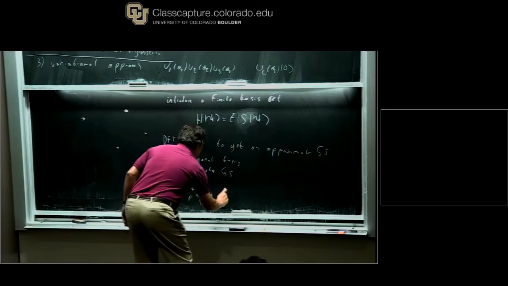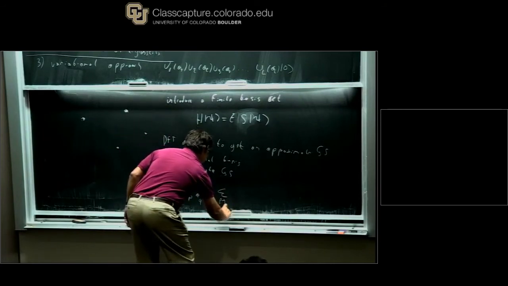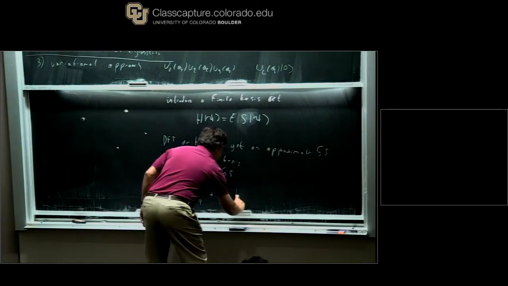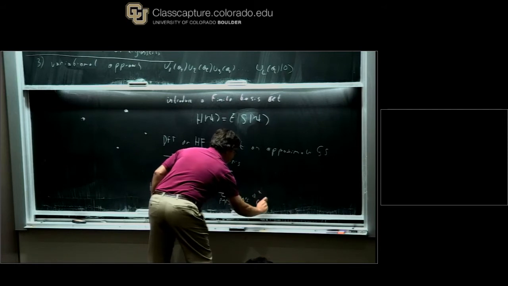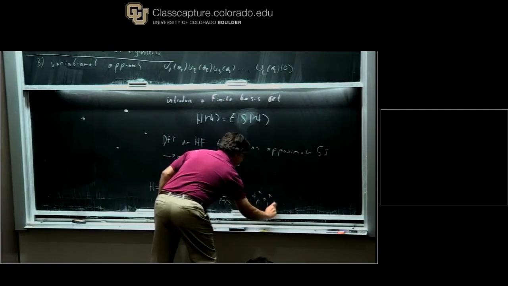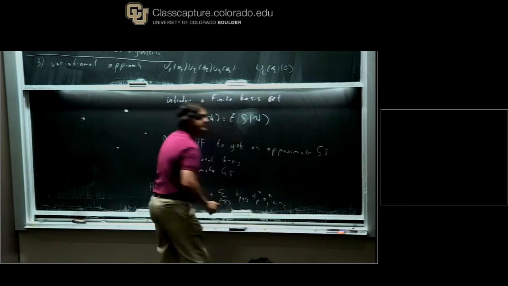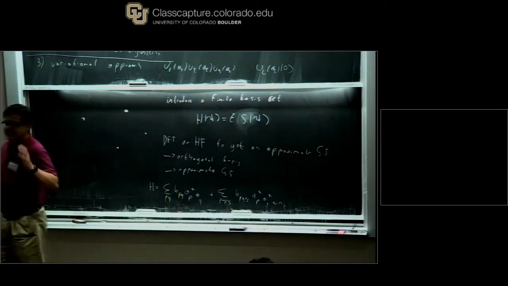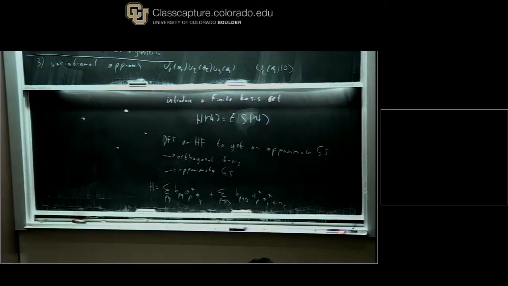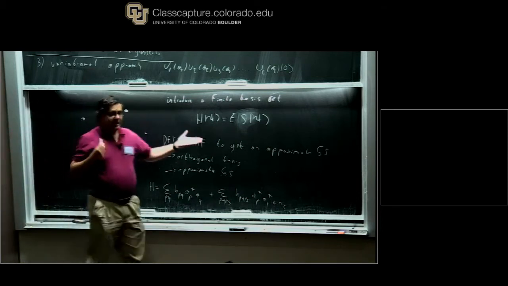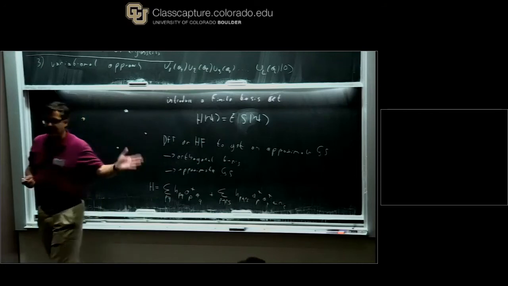Plus, I have the two-body term, which is the general two-body interaction, the sum over PQRS of H_PQRS, A_P dagger, A_Q dagger, A_R, A_S. This is the general form of a two-body Hamiltonian in the second quantized form. Now, all I have to do is evolve with these terms.